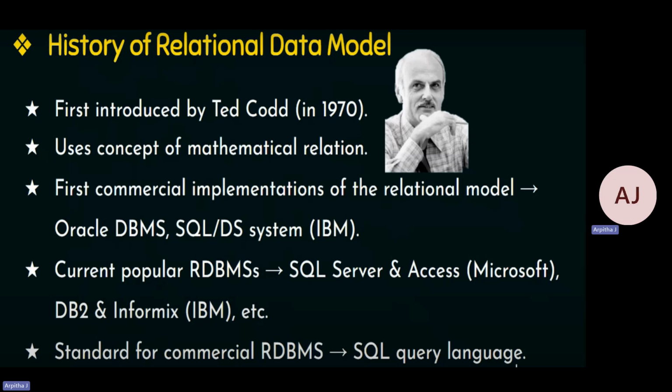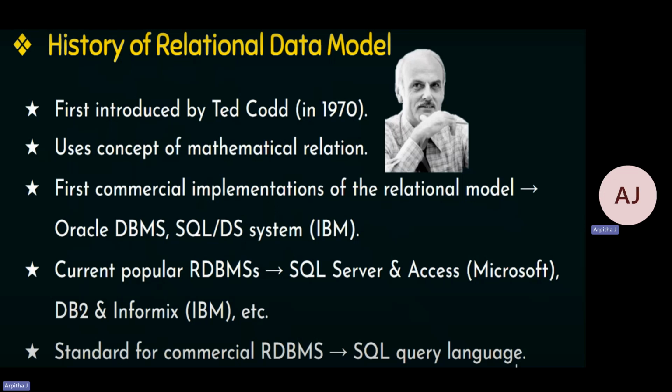So this was introduced by Ted Codd, initially implemented in Oracle. Then IBM also took over and introduced a database management system. The name was SQL. Next is the current DBMS which we are working with, the Relational Database Management System.